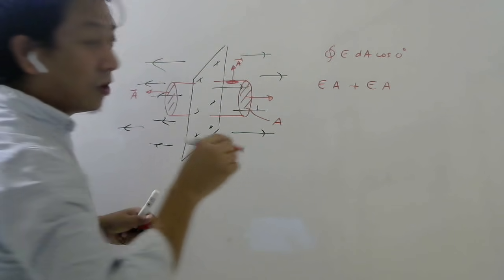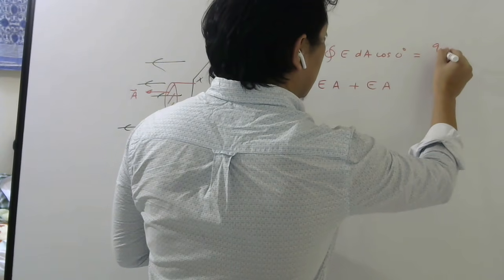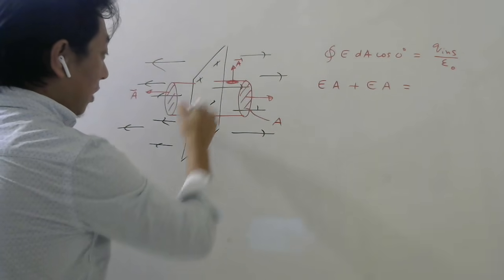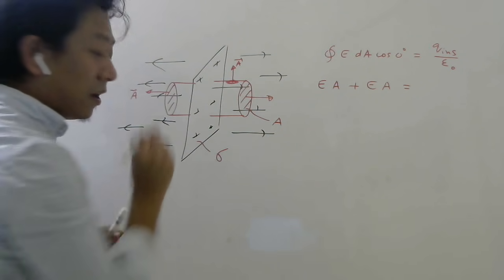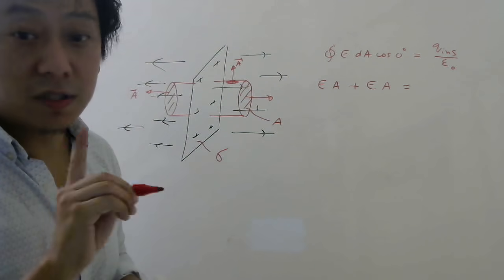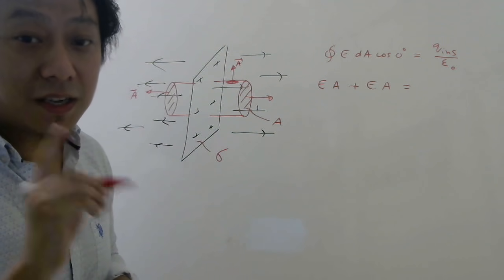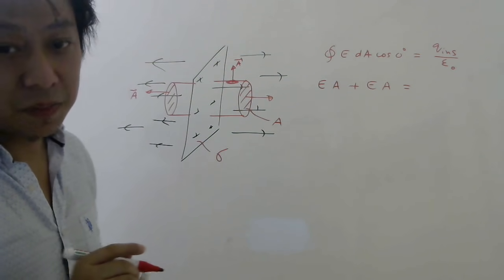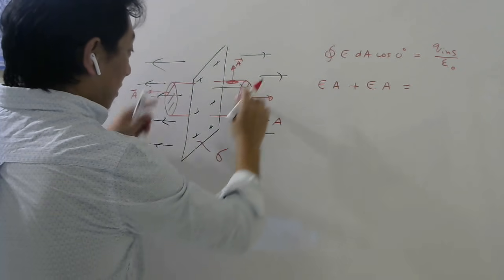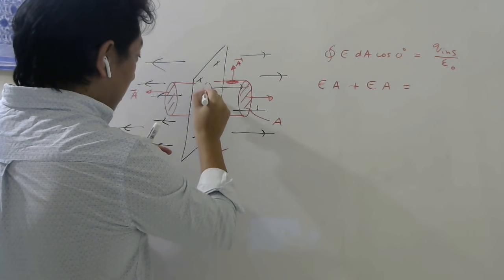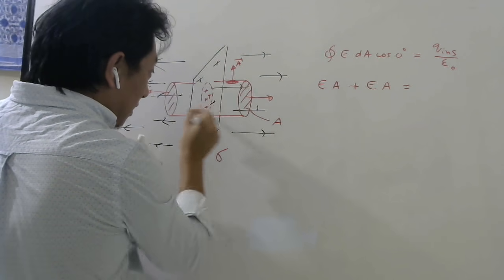Then you apply Gauss law. That should be equal to charge inside divided by epsilon naught. Now for a sheet, let us say sigma is charge per unit area, not charge per unit length. Charge per unit area, that is, charge in 1 meter square. I want the charge inside this cylinder. So whatever charge is here, that will be inside the cylinder.